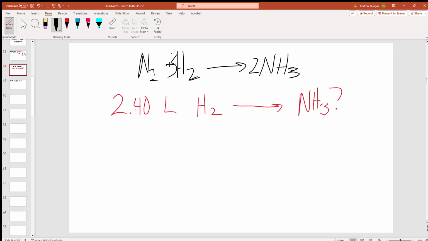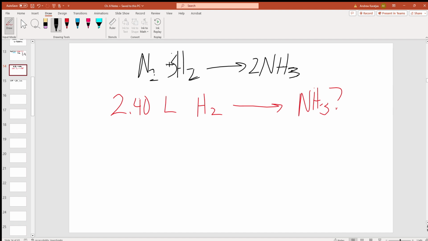So if we knew our conditions, then we could use the volume of the H2 to find the moles of H2, use our stoichiometric coefficients to find the moles of NH3, and use that to find the volume of NH3.